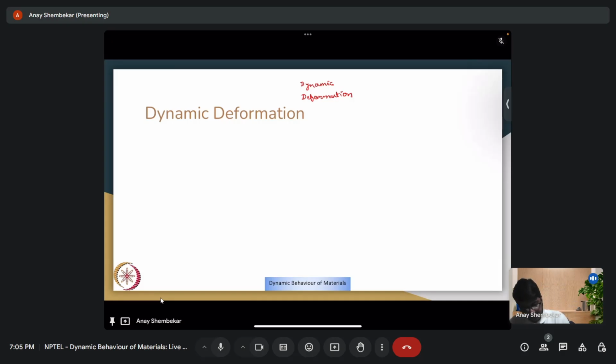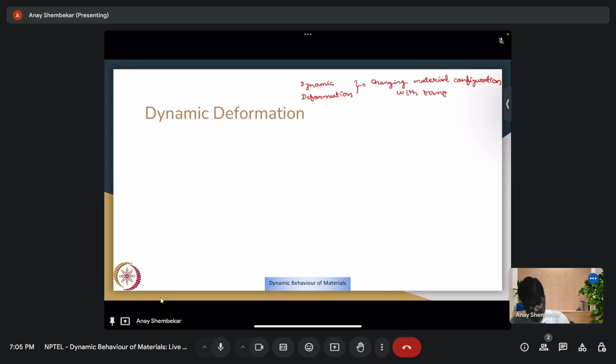So dynamic deformation, the word suggests, changing material configuration with time. And how do we determine this?